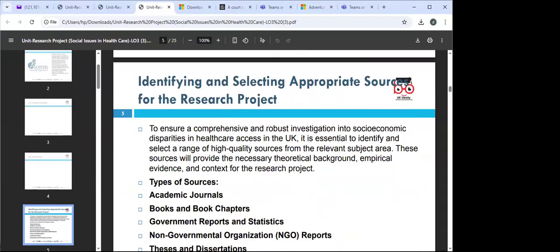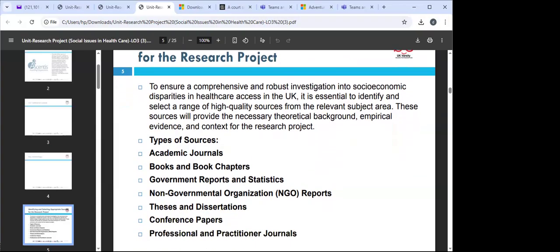identifying and selecting appropriate sources for research project work. We mentioned that there's also a tertiary part of information gathering where you look into more journals, academic reviews, peer reviewed information, NGO information, and you name them. The last time we mentioned that there are various organizations or governmental organizations that you can follow for a particular kind of information that you need.